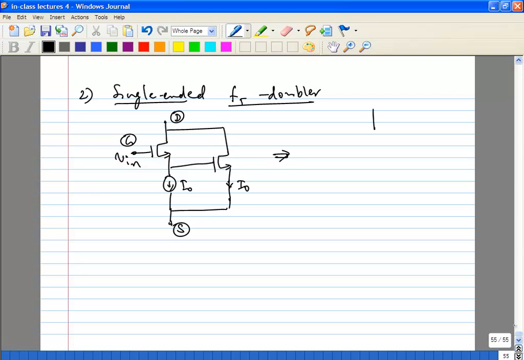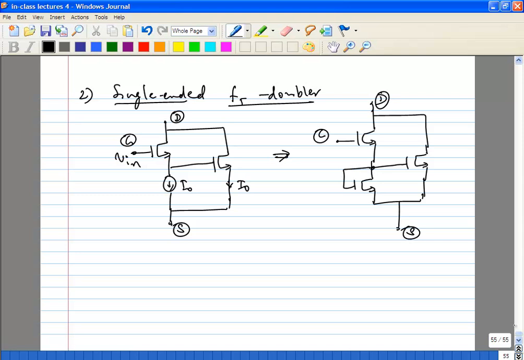So the simplest way to implement this is like this. The current source is just done as a diode, so in other words, it just mirrors the I bias over to the other side.